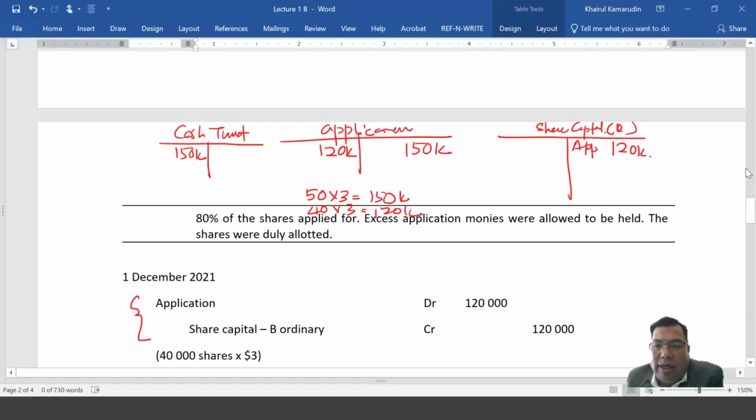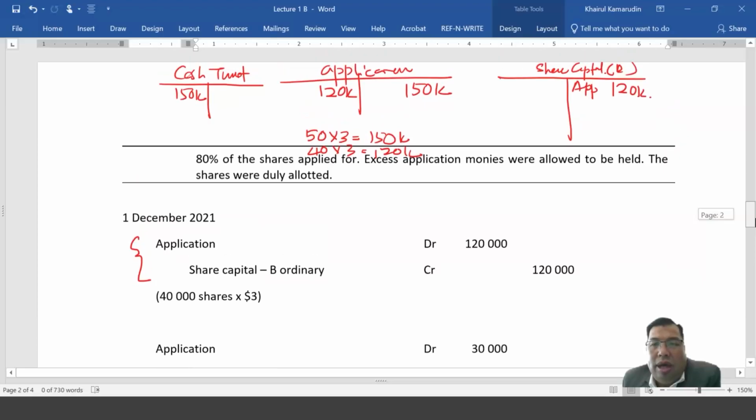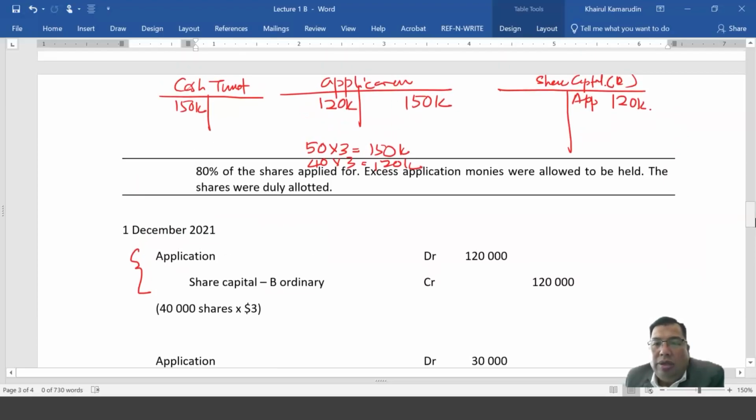We still have 30,000. That 30,000 will be used for future payment, called received in advance, or call in advance. So I create another account, call in advance. We haven't called for that part yet, but we already received the money. So I'm going to put 30,000 here, call in advance. Later on, we're going to transfer it to the share capital, and then close the 30,000.